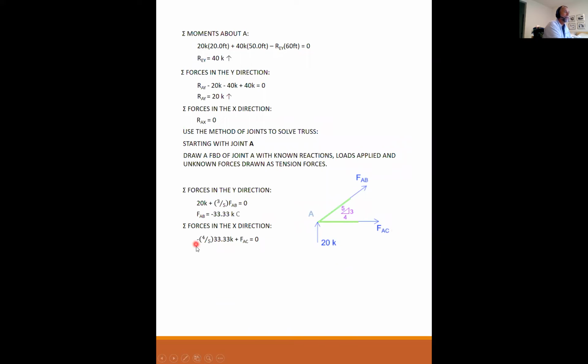So this is not necessarily negative because it's compression. It is negative because I now know that component of the force is pushing to the left. So minus 4/5 times 33 plus my FAC is pulling to the right, so that's positive. And that solves to be FAC is 26.66 kips, and it's positive, so it is the correct assumption that it is in tension.